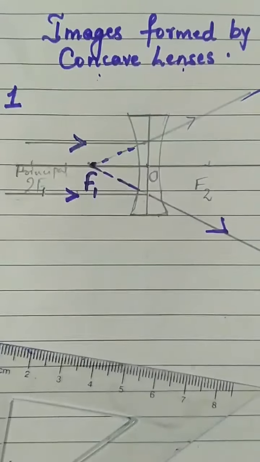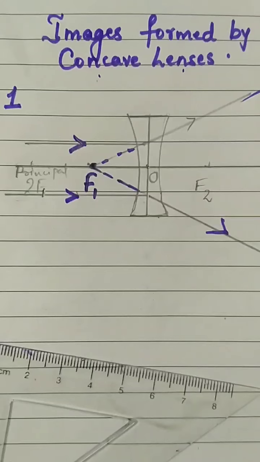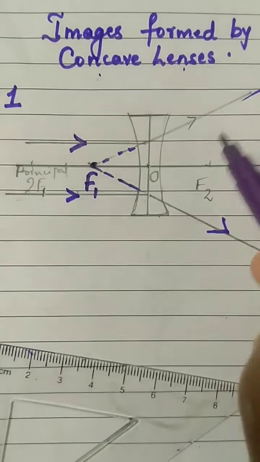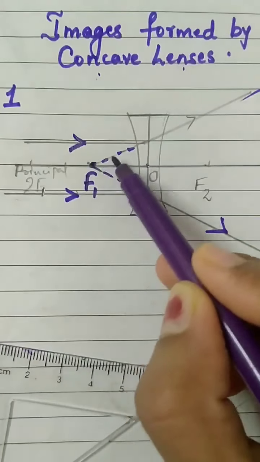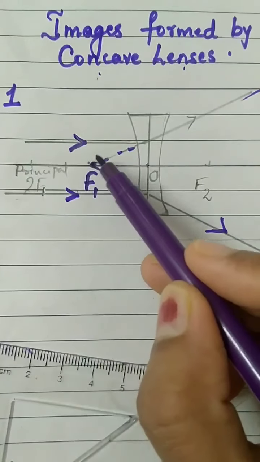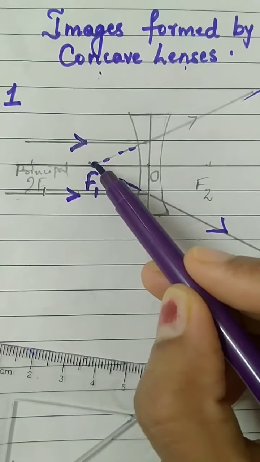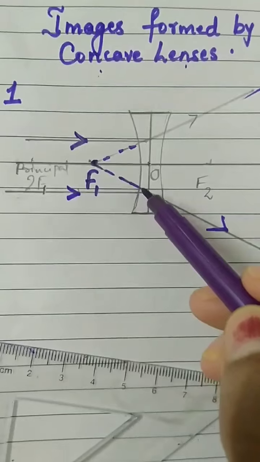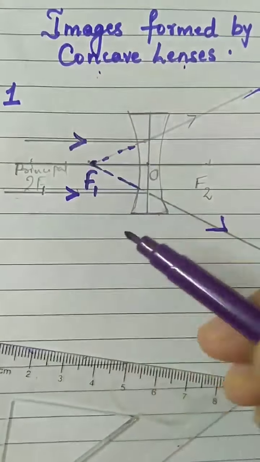This is the first rule. Okay, what will you say? If the incident ray is parallel to the principal axis, the refracted ray when extended backward, passes through the focus. Okay, this is rule number 1.